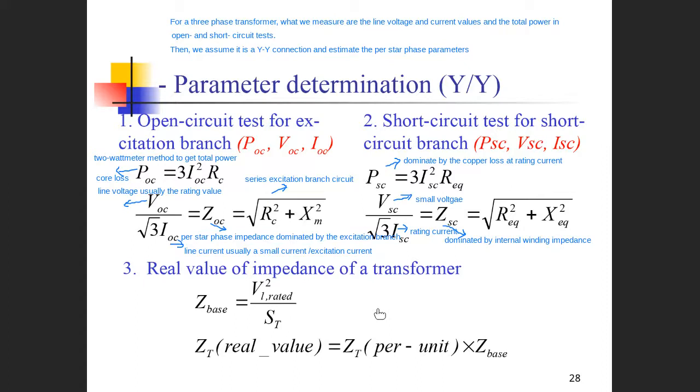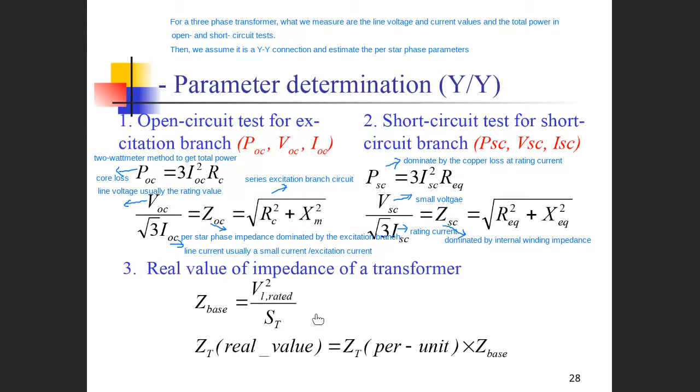When you go to the per unit values of the transformer per phase, you first get the base values of the given three-phase transformer, as I just said. The base values are actually the per phase values, based on the per phase rating values.